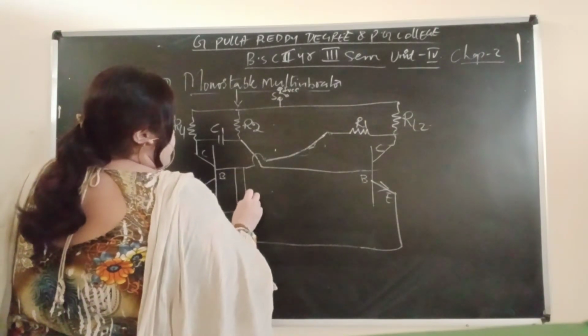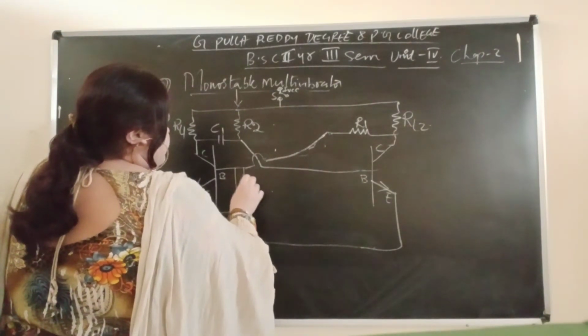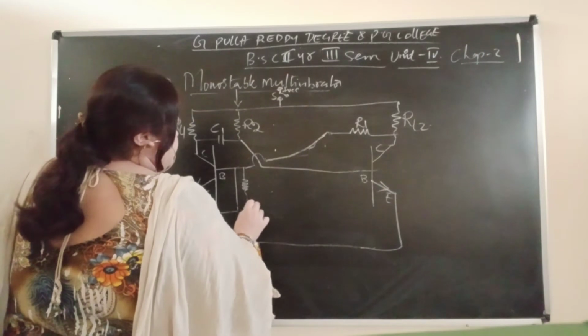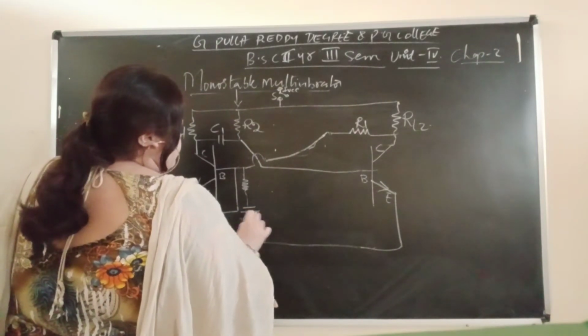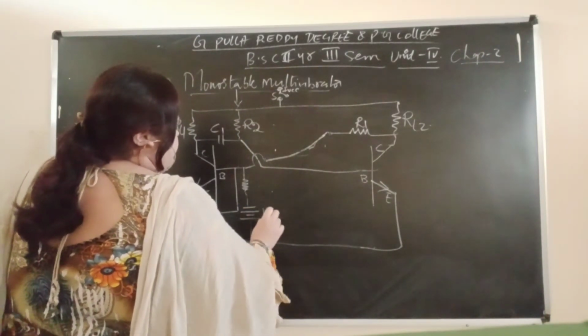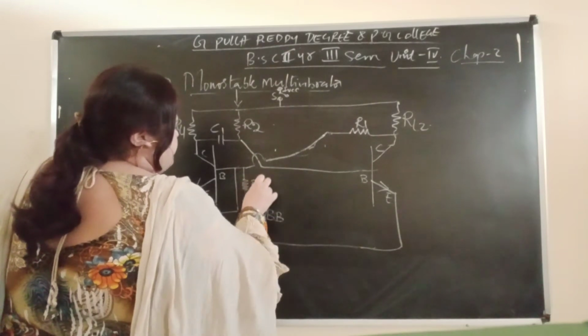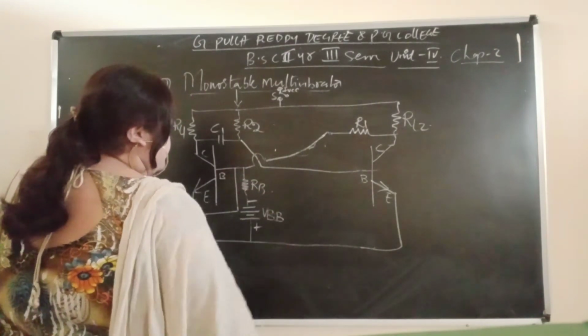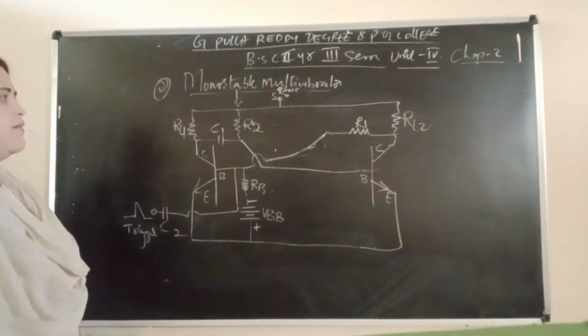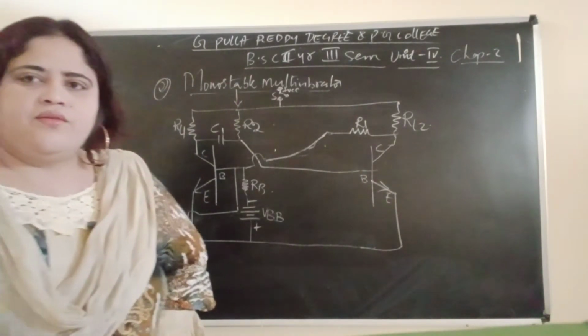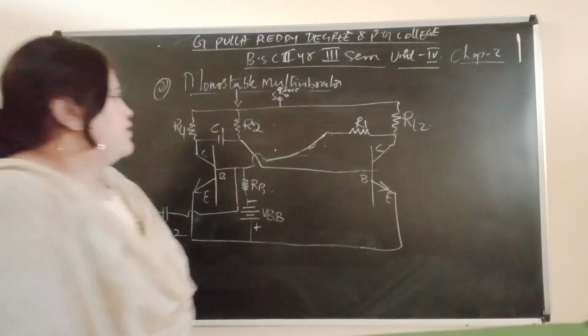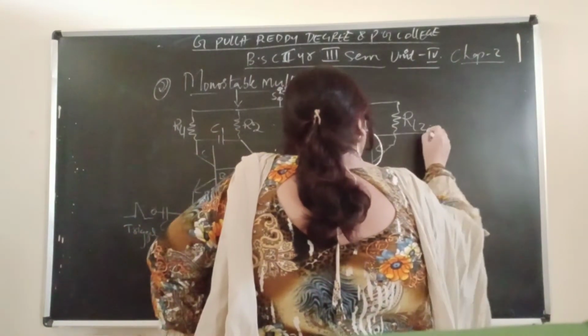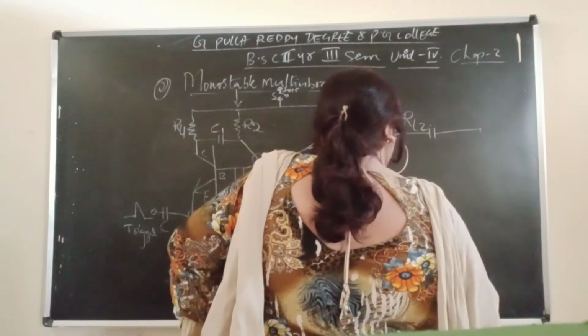Then we will draw here one resistor, base resistance, then one battery, VBB, RB, minus plus. Then we have to take one capacitor here and we have to connect the output.